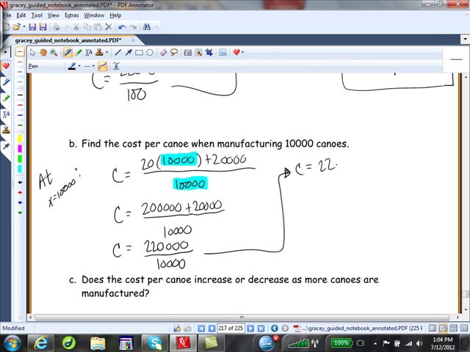So it goes down dramatically, right? When manufacturing 10,000 canoes, the cost is $22 per canoe.